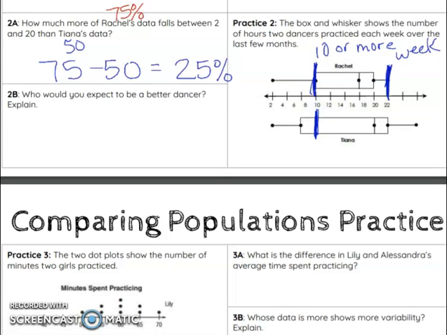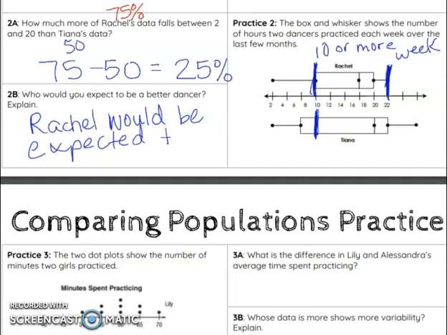So we're going to say that Rachel would be expected to be the better dancer because she is more consistent.